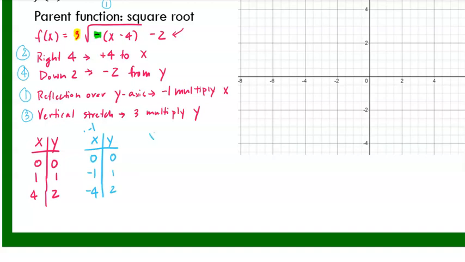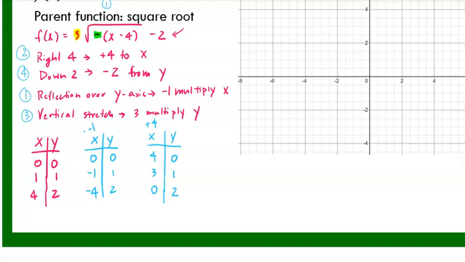Now, the next thing that we're going to do is take a right 4. So that's a +4 on whatever you changed. So 4, 0, and then 3, 1, and then 0, 2.